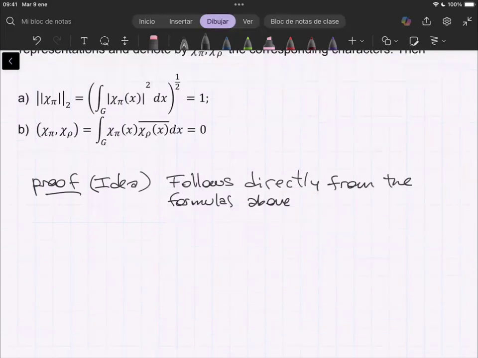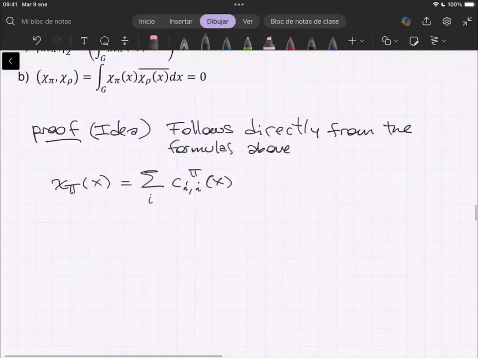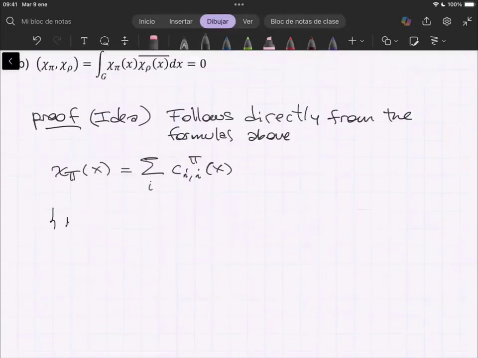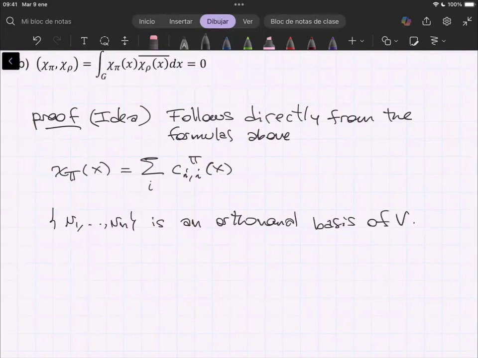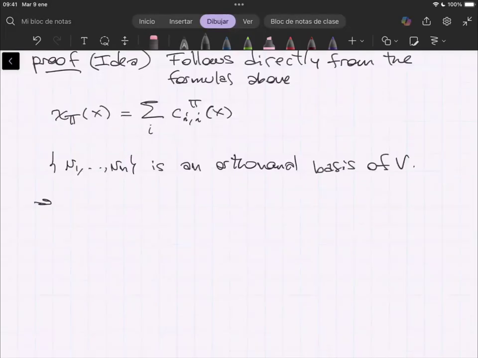As I told you before, for any element x, the character is just the sum of some matrix coefficients, the matrix coefficients of the diagonal. B1, ..., Bn is an orthonormal basis of B, okay?